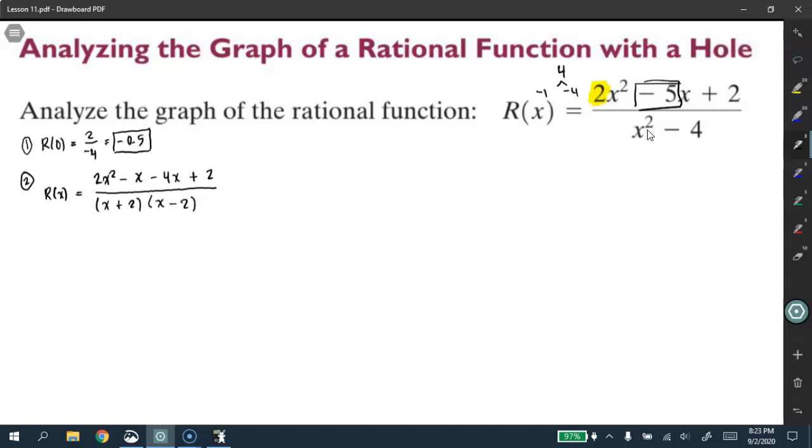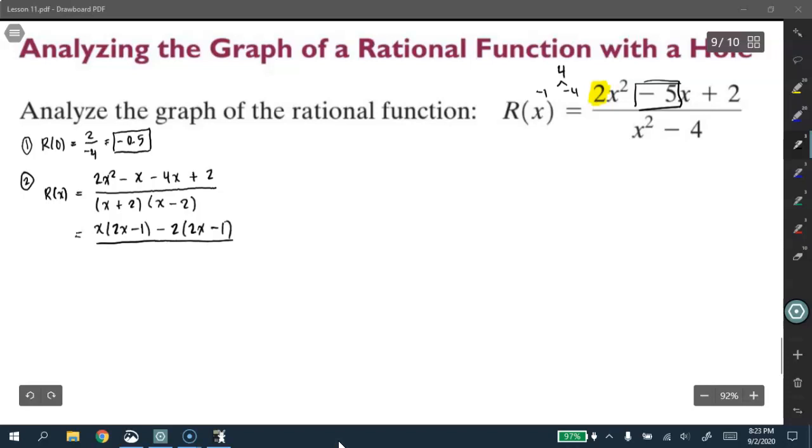In the numerator, we're going to have to use some grouping. When we group, we end up with x common and 2x minus 1, and then we end up with 2 common and again 2x minus 1. We're not spending that much time talking about factorization again. We're just using it because it's a tool that we need to proceed forward.